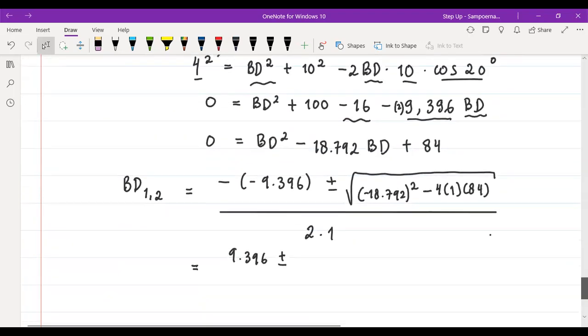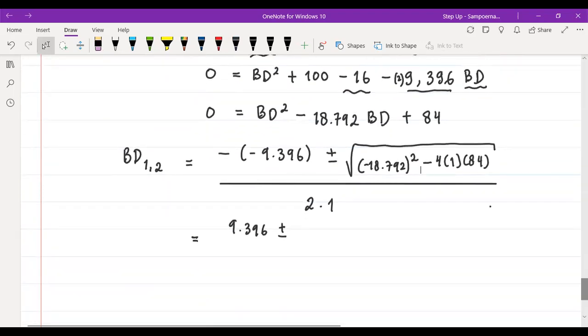It's just enough that you have seen it once. Now plus minus the square root of 18.792 squared minus 4 times 1 times 84. Now I have 4.139.